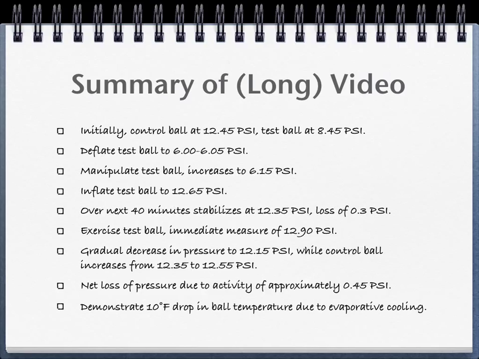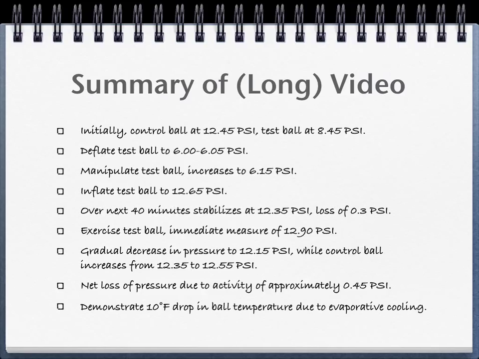Over the next 40 minutes, it stabilized at 12.35 psi, and there was a loss of 0.3 psi, and that's why I refer to the pregame gauging and adding air to some of the balls as, well, you may think that you set the ball at 12.5, but if you go back half an hour later, you're very likely to see it significantly down on pressure.